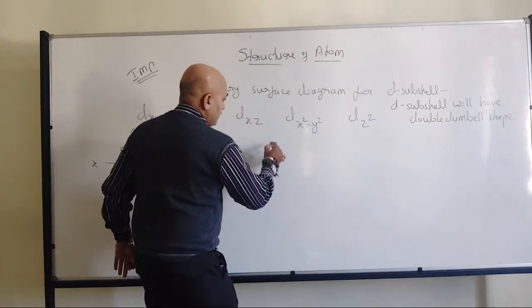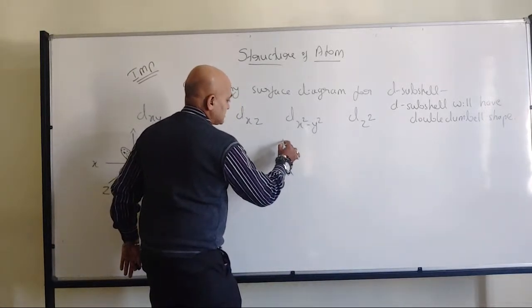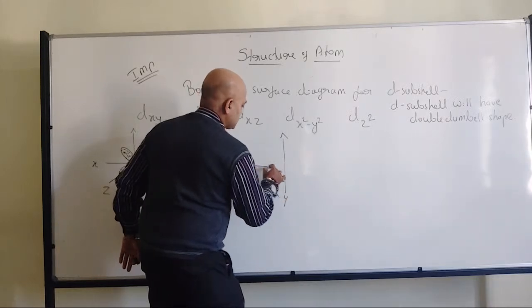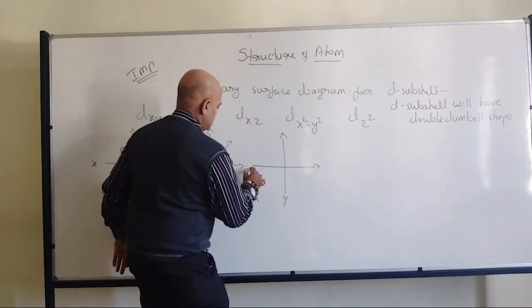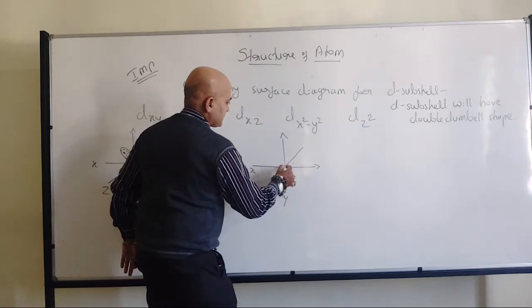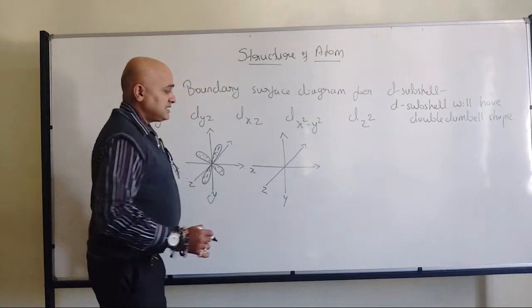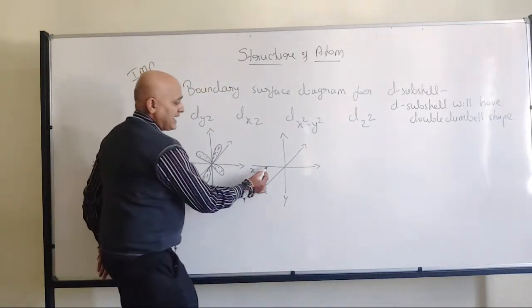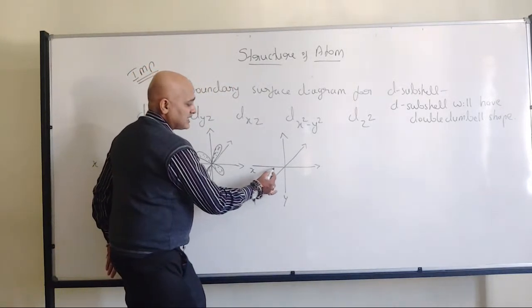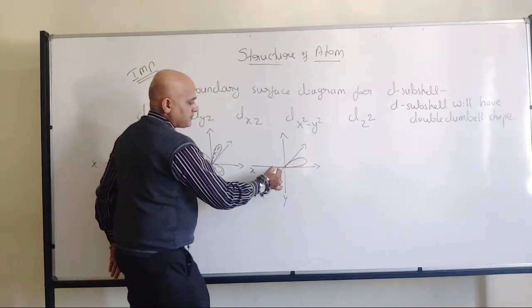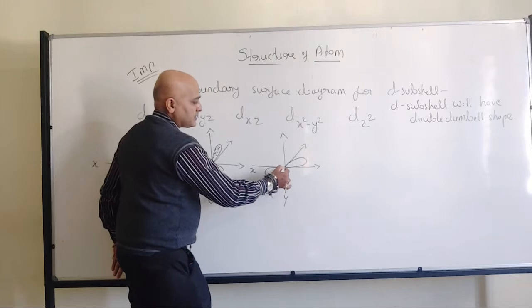Okay? Now when it comes to dxz, so this is x-axis, so this is z-axis. dxz, so x-axis and z-axis they are present here. So I have to show between them, right?